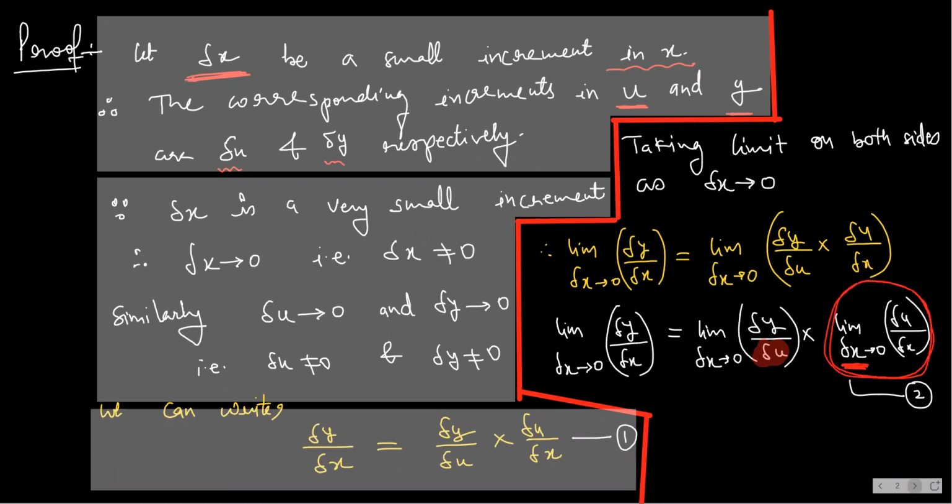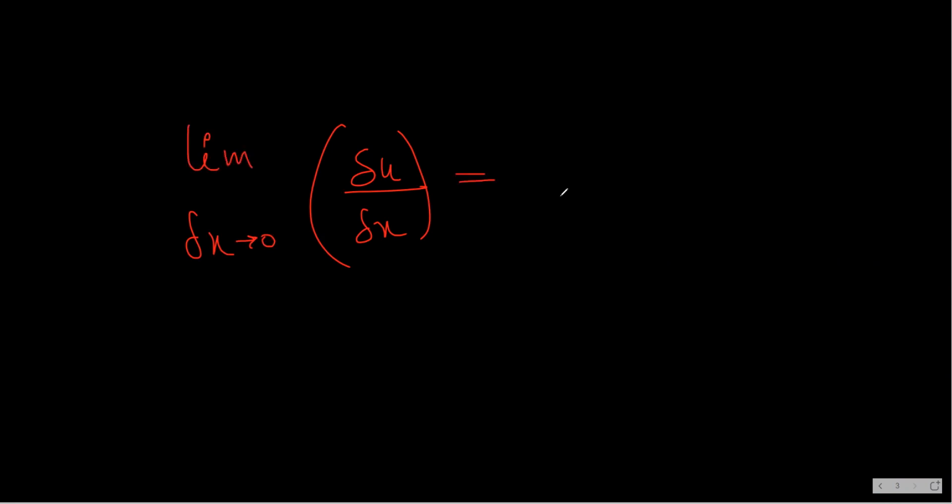Okay, this is by the definition of derivative, which we have done when we started with the derivative. See here, if I have delta u upon delta x, and I'm given that delta x tends to 0, then this will become du by dx.